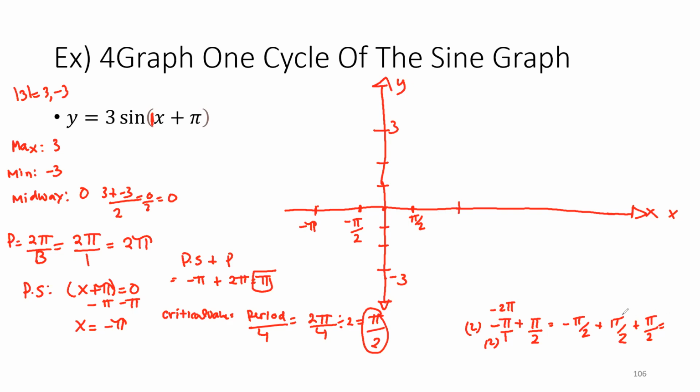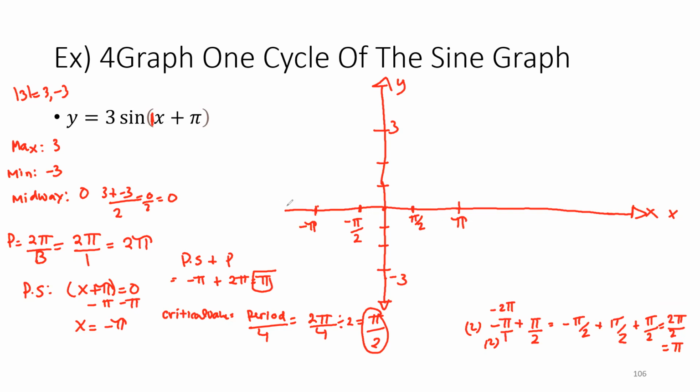That's pi over 2 plus pi over 2, which is 2 pi over 2, which is pi. And that's where you stop, right? Because that is your phase shift. I mean, the last point is the phase shift plus the period. Okay, so that's the only difference from the other example, the phase shift.